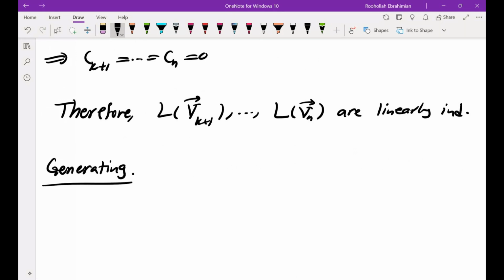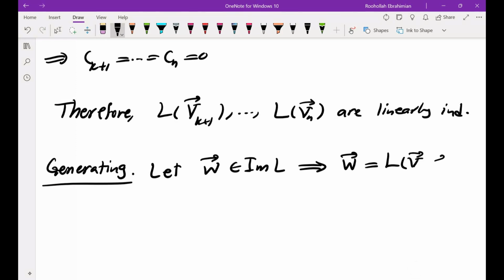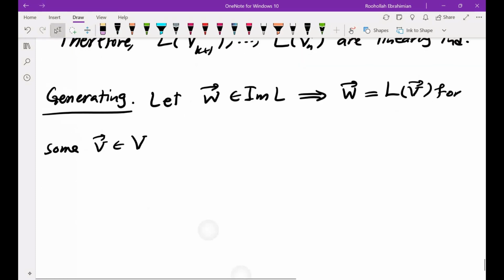So we'll start from something in the image. Let w be in the image of L. What does it mean that it is in the image? It means w is equal to L of v for some v in V. So now from here, we know that v must be a linear combination of v_1 through v_n.